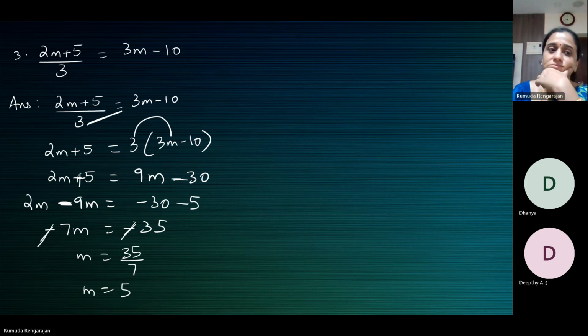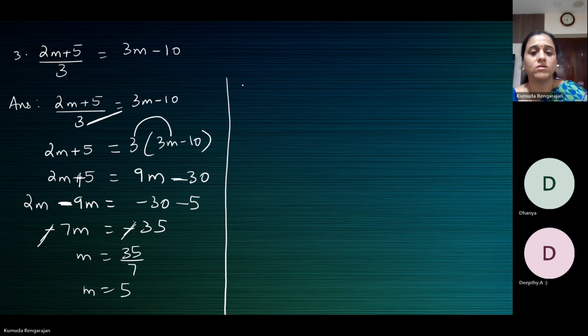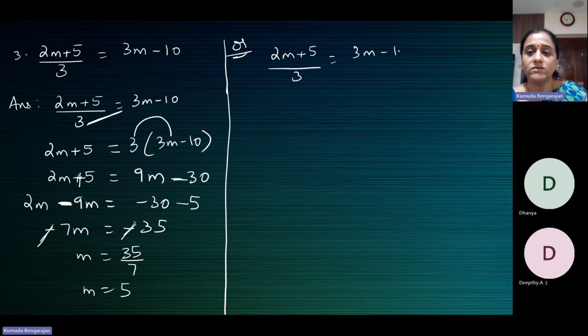Completed? So you can also work it like this. Okay, so we have 2m plus 5 by 3 is equal to 3m minus 10 by 1, right? So what is the LCM of the denominators?